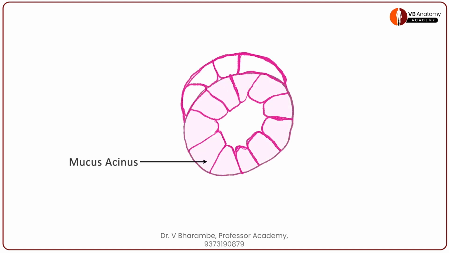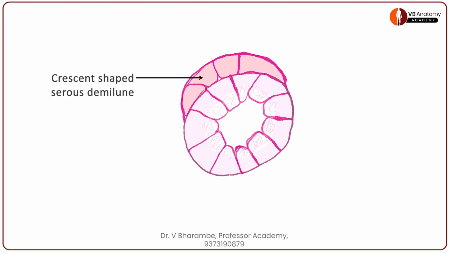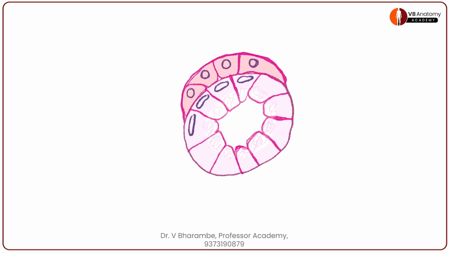Let's color the mucous acinus first with a light color, apically even lighter with mucinogen granules. Let's color the serous acinus dark, draw large rounded nuclei and flatten nuclei at the base of the mucous acinus.